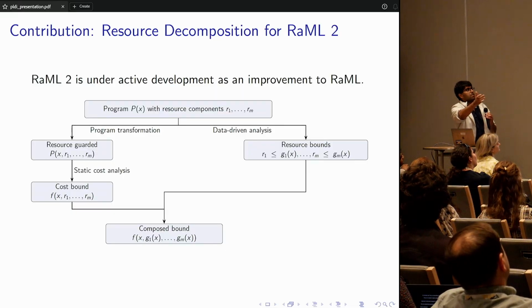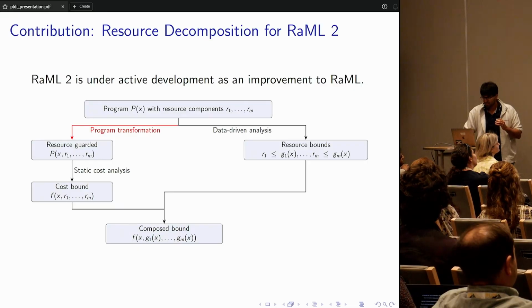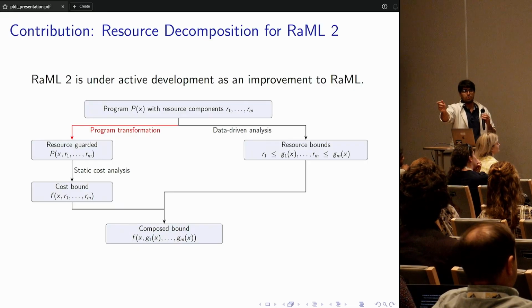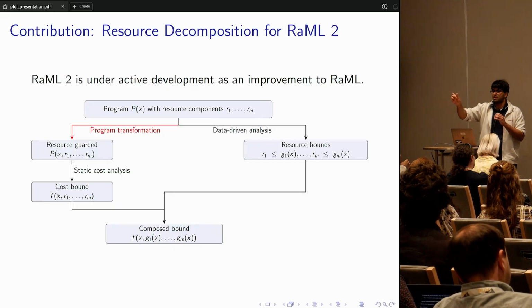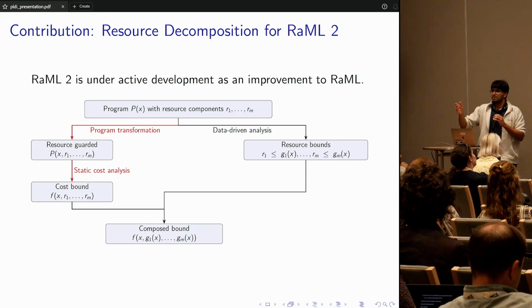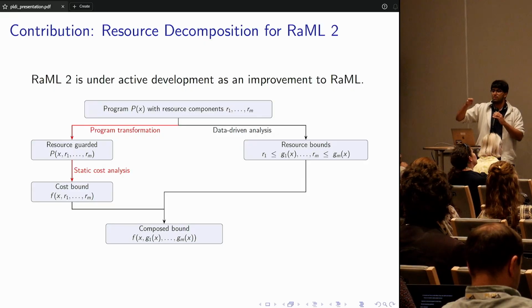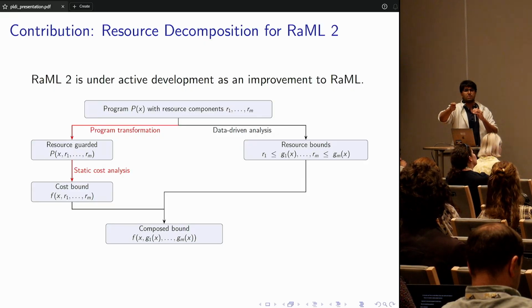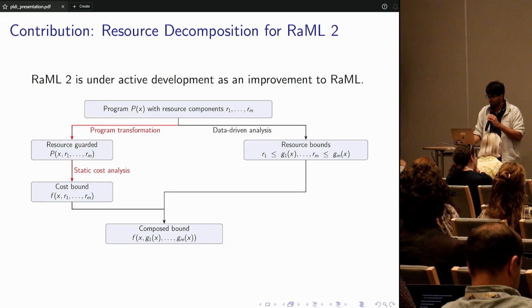Then I implement an automatic program transformation, which converts this resource decomposed program into the resource guarded program, which takes additional parameters R sub 1 through R sub m, one ghost variable for each resource component. Finally, we use RAML2's own static cost analysis to derive a sound cost bound on the resource guarded program in terms of the original input x and the newly introduced ghost parameters R sub 1 through R sub m.